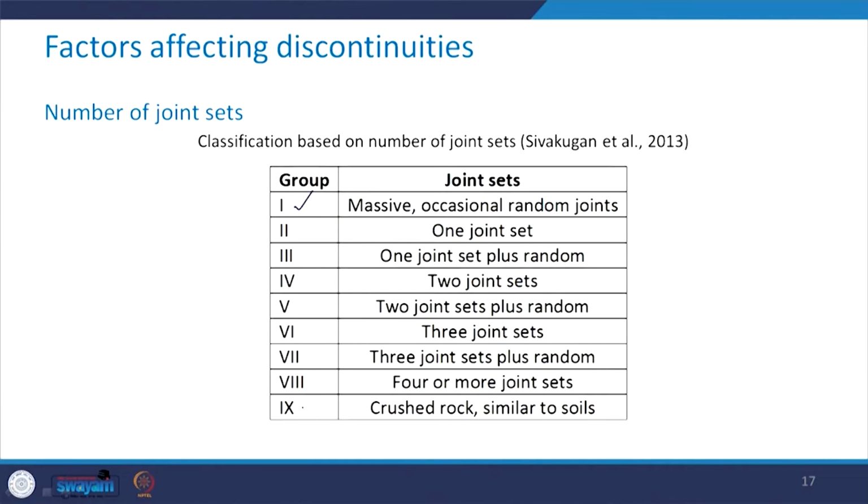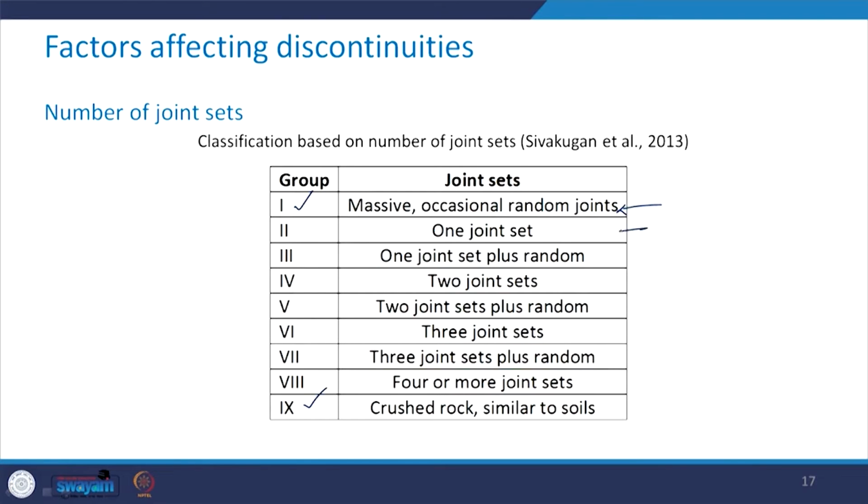So based upon the number of joint sets, the classification is done, and the rock mass is divided into a few groups, starting from group 1 to group 9. You can see if you have massive rock or occasional random joints, then it falls under group 1.